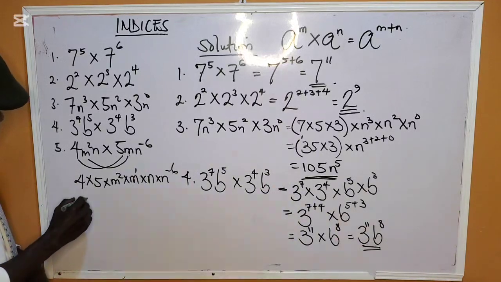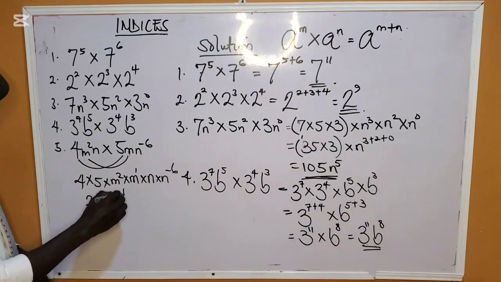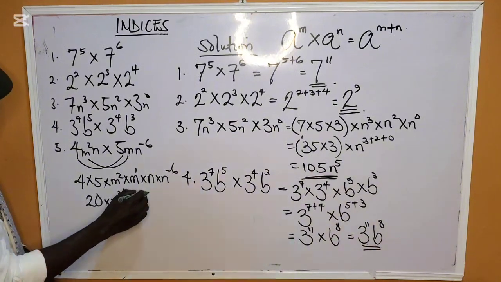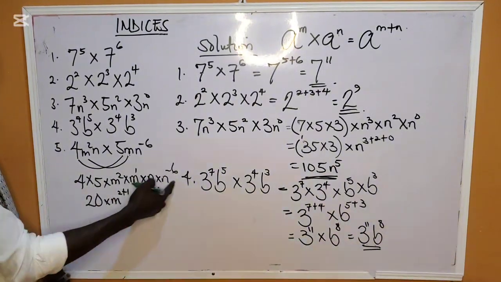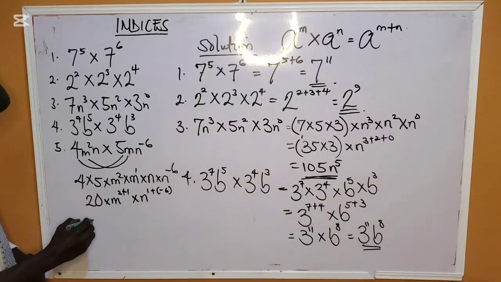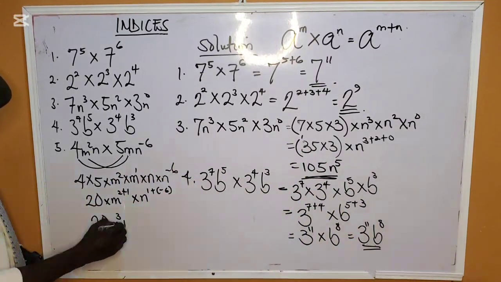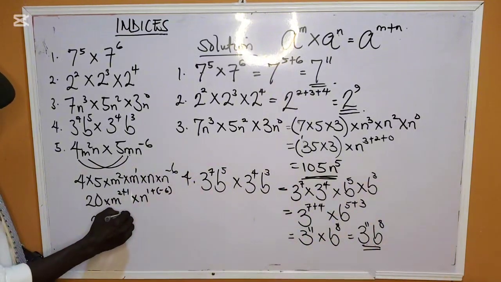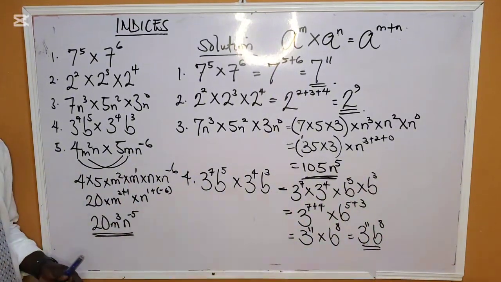So 4 multiplied by 5, that's 20, multiplied by m, 2 plus 1, multiplied by n, 1 plus minus 6. The power of n here is minus 6. So therefore, that is 20 m cubed n, 1 minus 6, that is minus 5. And this is our beautiful answer.